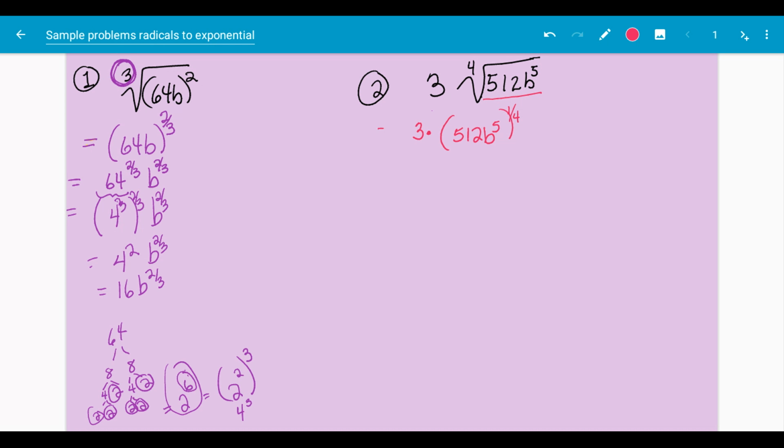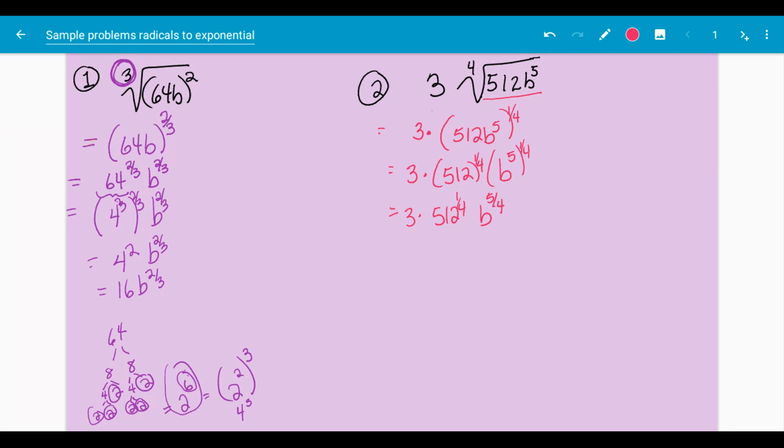Now I'm going to simplify that again. 3 times 512 to the 1/4 power, and b to the 5th to the 1/4 power. I'm going to rewrite that as 3 times 512 to the 1/4, and b to the 5th power to the 1/4 power is b to the 5/4 power. Now that's simplified. There's nothing I can do with that.